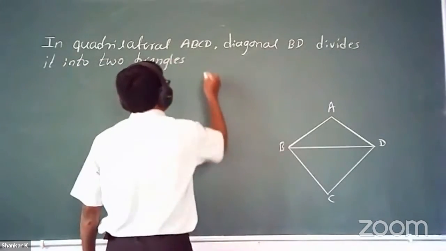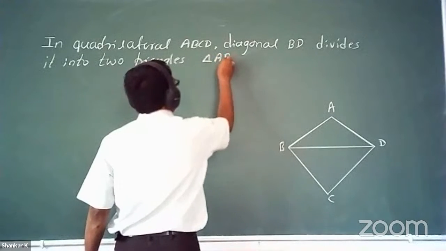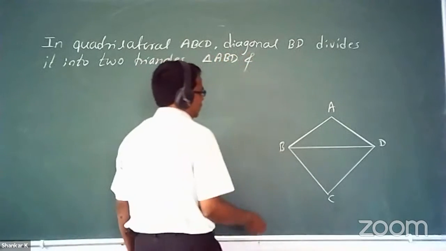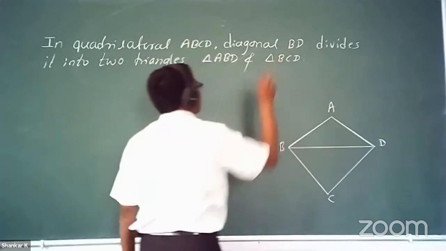Which are those two triangles? Triangle ABD and triangle BCD. Okay.